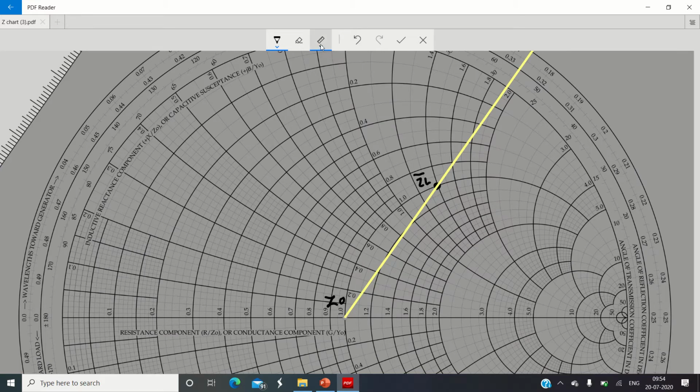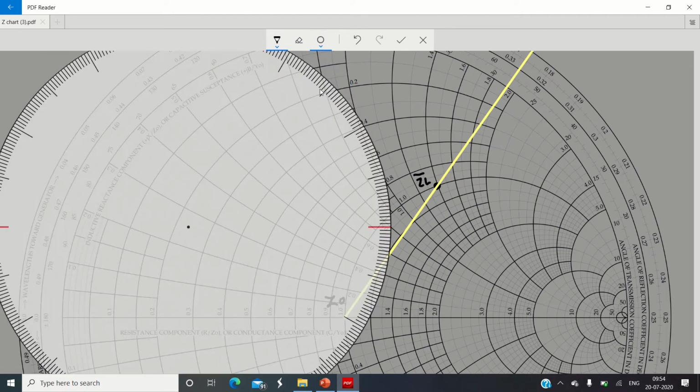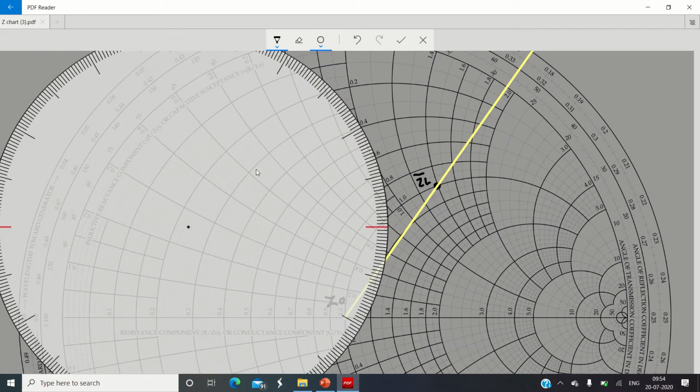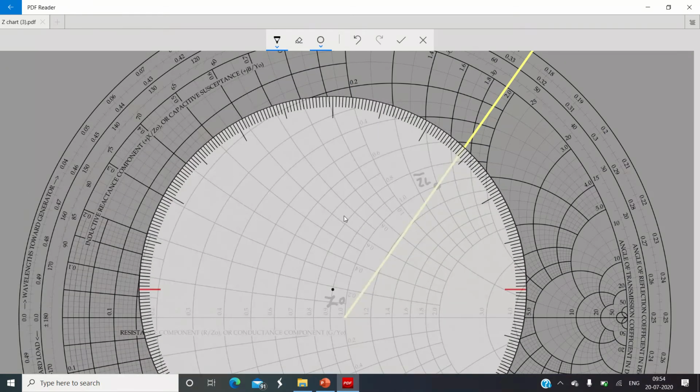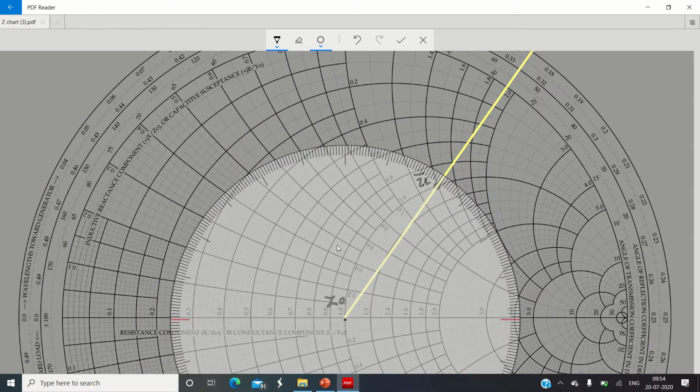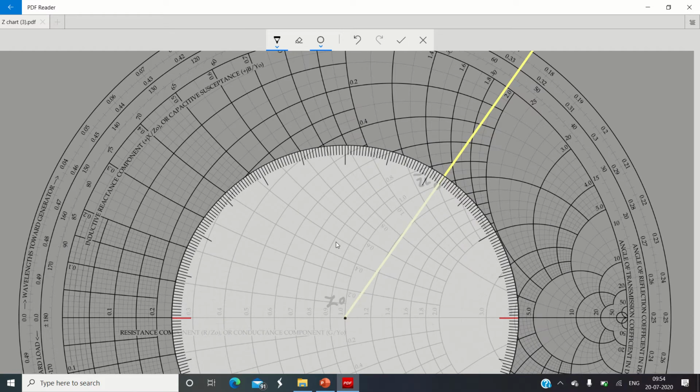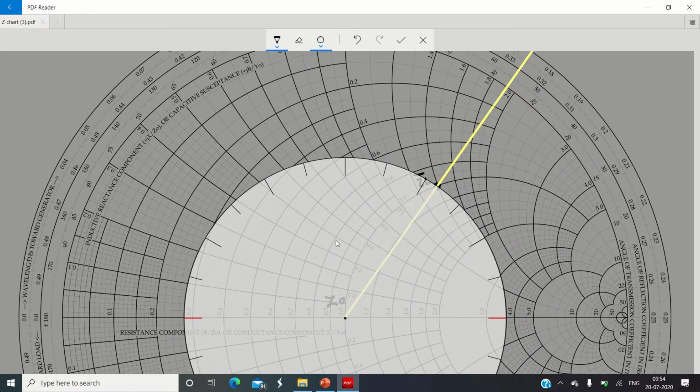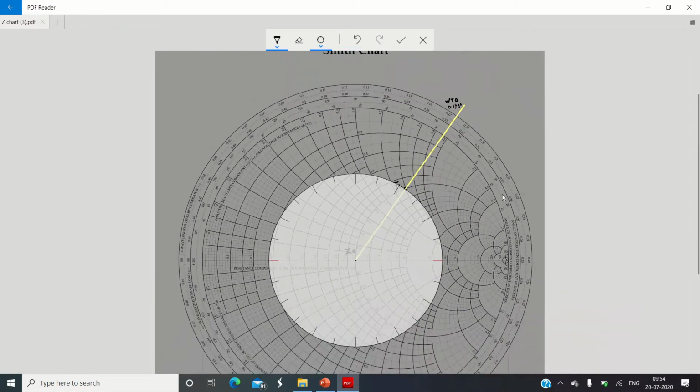So I will take a compass. Put the metallic part of your compass on the center of the Smith chart. Take the distance in your compass from the center of the Smith chart to the ZL bar point, and draw a constant radius VSWR circle.